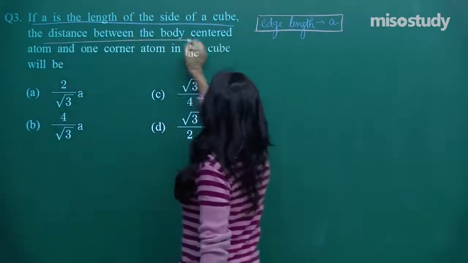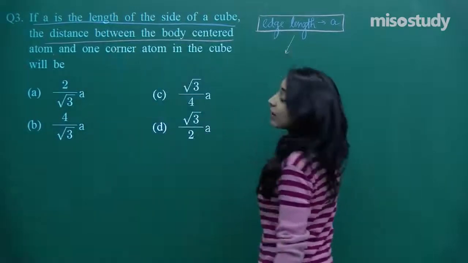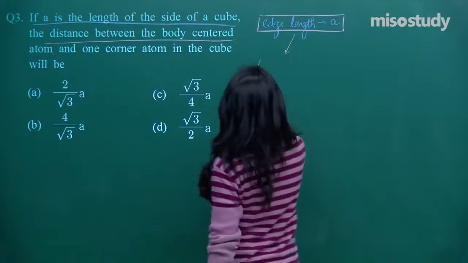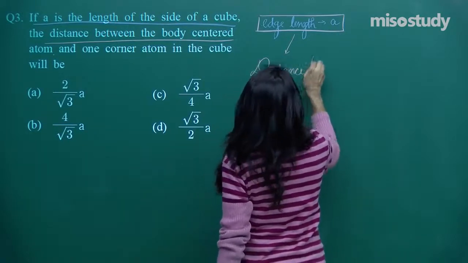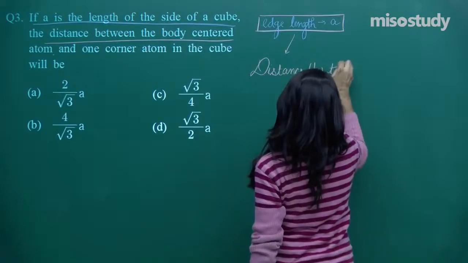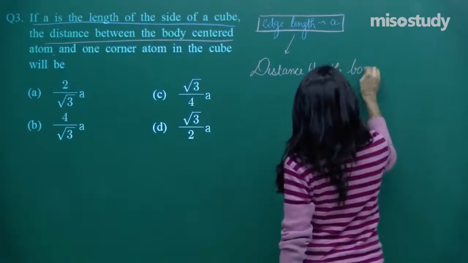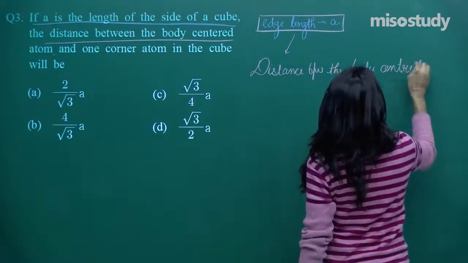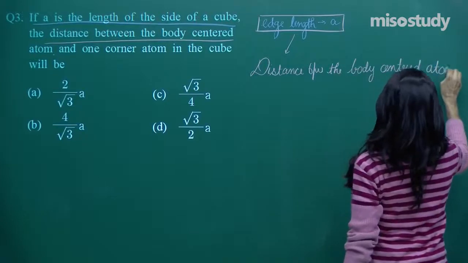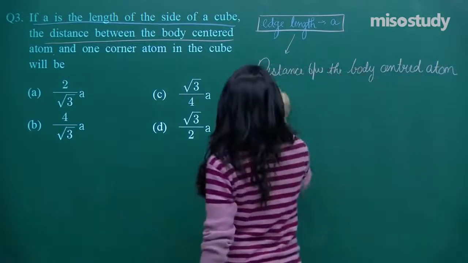The distance between the body centered atom and one corner atom in the cube is what?